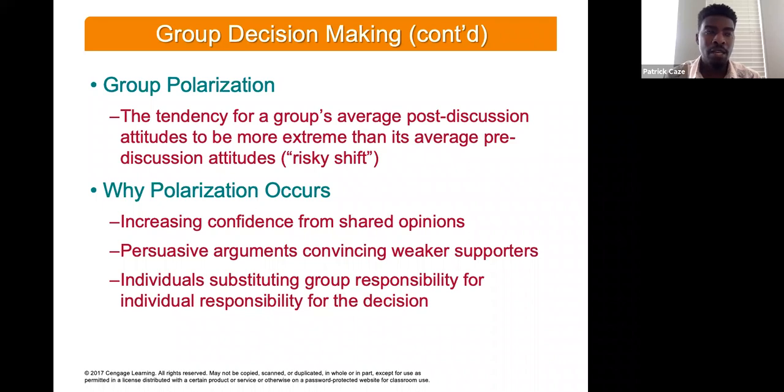You have this kind of dichotomy of, hey, we chose this, but you really wanted this, or you were indifferent and didn't really step up. So you have your group polarization that occurs based on that. Some people will be on one side of the decision, some people will be on the other side of the decision. All right. So why does that happen? Well, it's really about just having a difference of opinion.